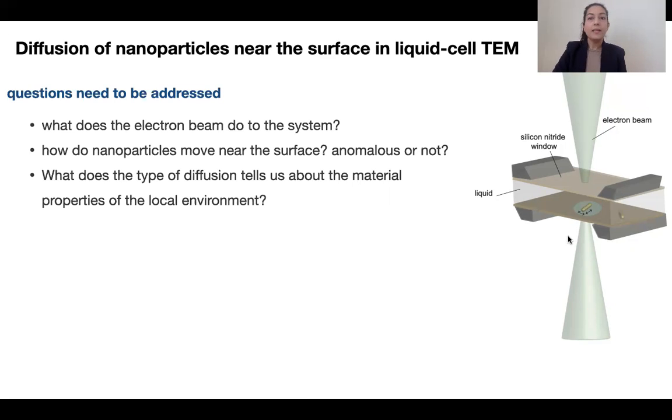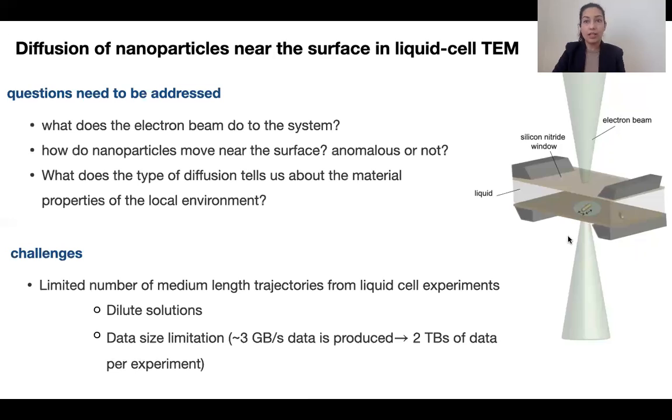To answer these questions, we have some challenges, and one of them is the limited number of nanoparticles. If we are trying to use this technique for single particle tracking, we want to avoid any interparticle interaction, so we want to keep the total number of particles low, so we have a dilute solution. That means we don't have access to a large number of nanoparticles that we can collect data from. Also, there is a data size limitation.